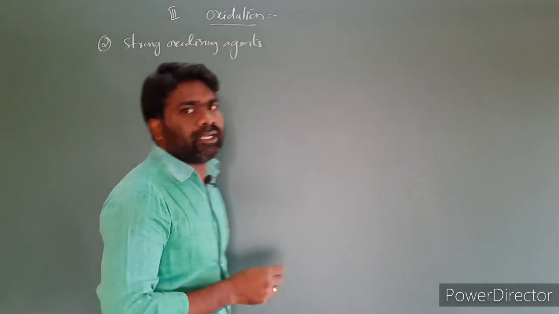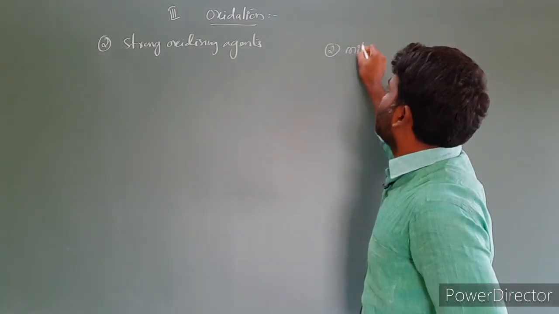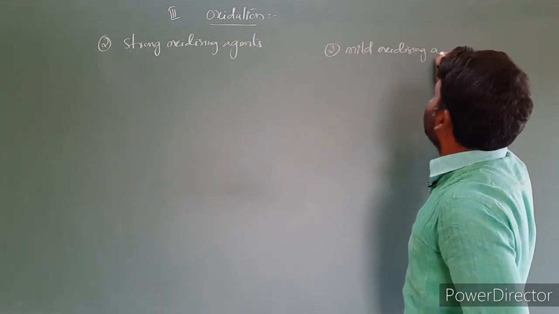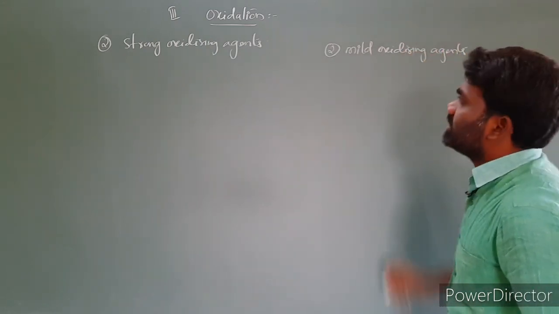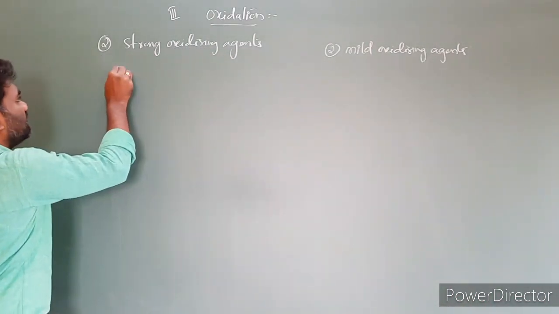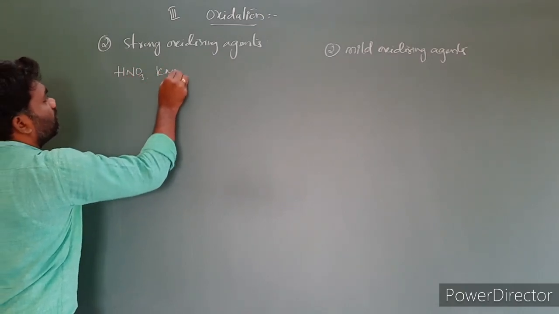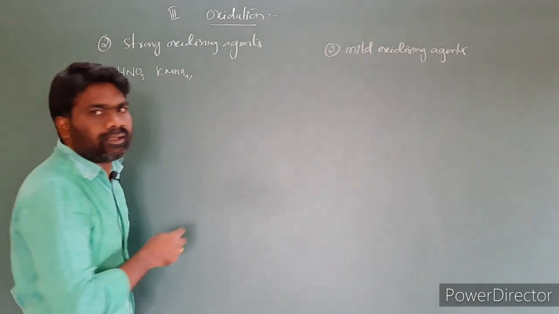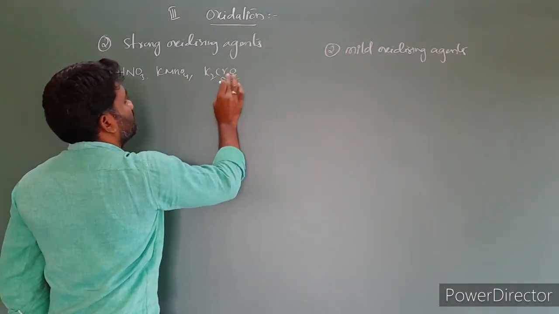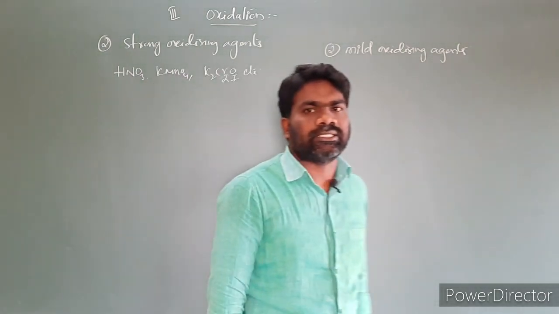The second category we have is mild oxidizing agents. Examples of strong oxidizing agents are HNO3, nitric acid, or KMnO4, potassium permanganate, or K2Cr2O7, potassium dichromate, etc. So these are the strong oxidizing agents.